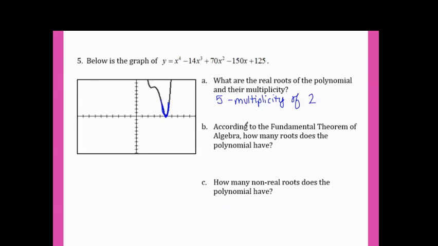Based on the fundamental theorem of algebra, which we talked about last class, and remember that means that the degree of the function is the greatest number of roots that we can have. So since we have a degree 4, we know that this polynomial has 4 roots. Since the 5 had a multiplicity of 2, that counts as 2 of the roots.